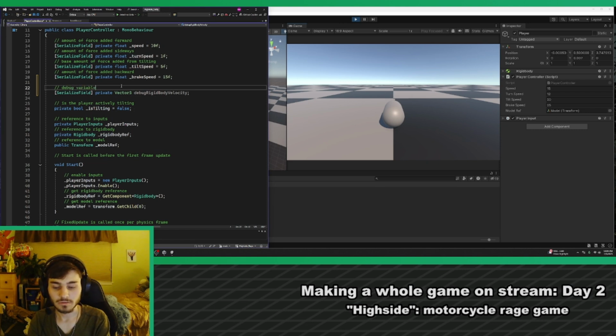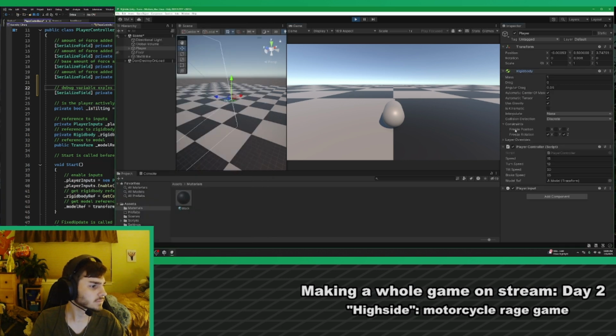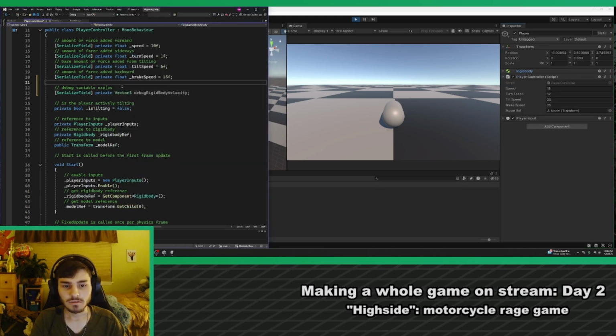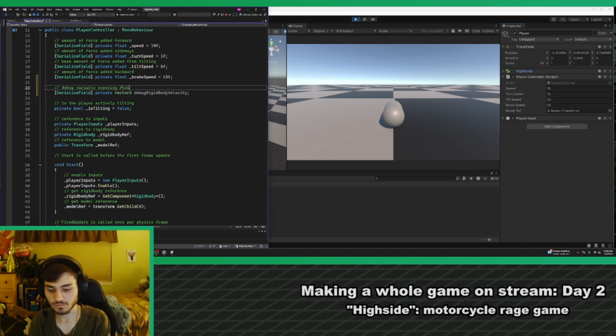Debug variable, I guess. That velocity is not exposed. Yeah. Variable exposing rigidbody velocity.